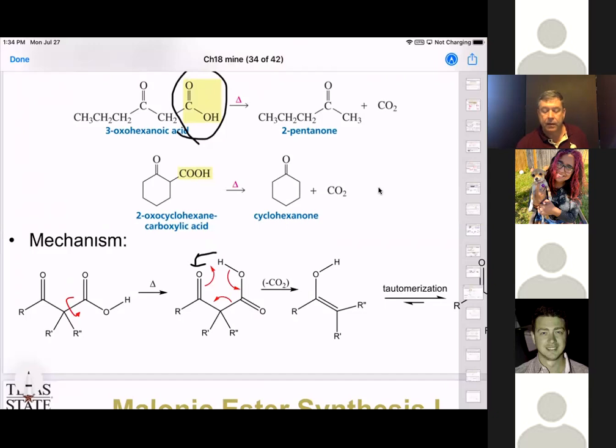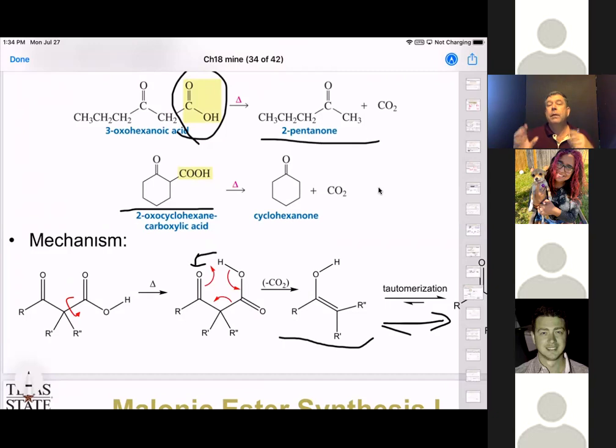And then it generates, after the CO2 leaves, our enol form. Okay. And unless that's the most stable form, it obviously tautomerizes to its keto form. And so we can generate our ketones and our decarboxylated products because of that intermediate.